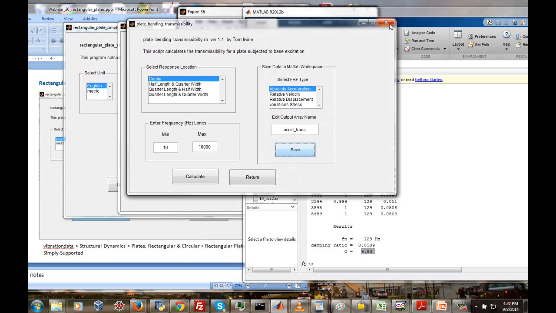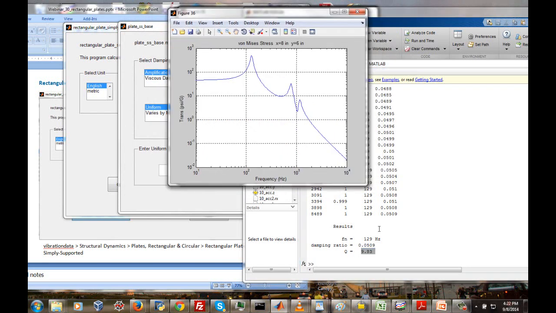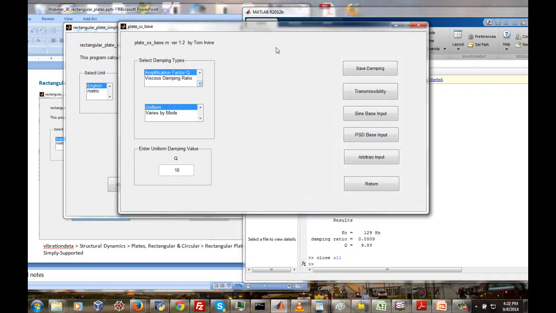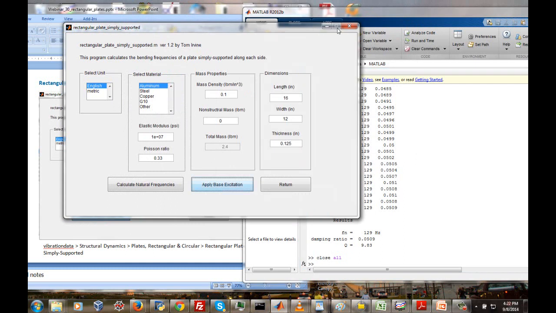Let's go back and take a look at the PowerPoint slides. I'm going to do a close all here just to close out all those plots. So I think we're done with the simply supported plate.